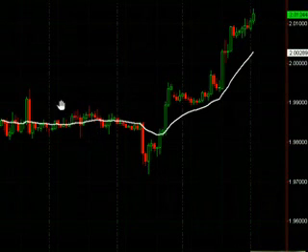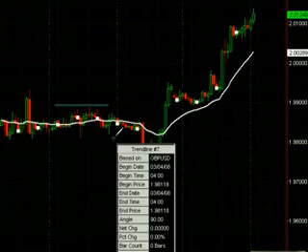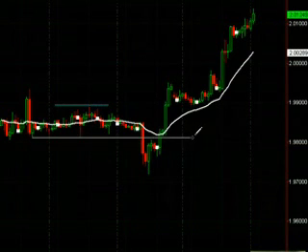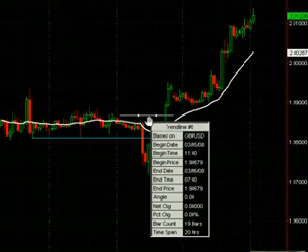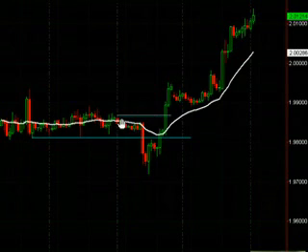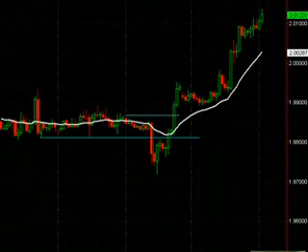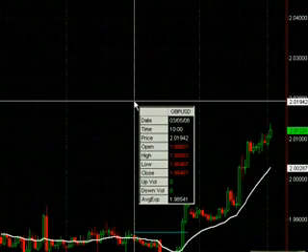It was here, and then we had, this was Tuesday's session, and now we've got a break below these lows. The break below those lows there was effectively the inside break. This session was the Monday session and we broke lower, and then if we just get this line, the session high for Wednesday was here.